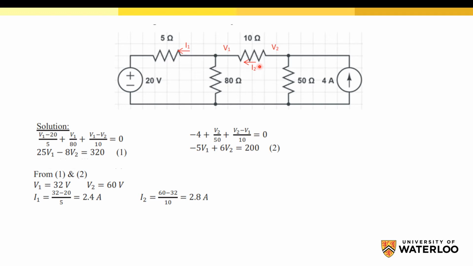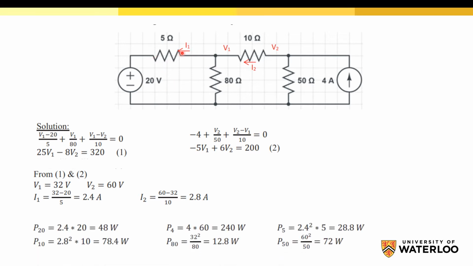Now we need to calculate the power dissipated or generated by each element. For the resistors, the power will be dissipated. For the 5 ohm resistor, we know the current I1, so I1 squared times 5 will give you the power dissipated in the 5 ohm.